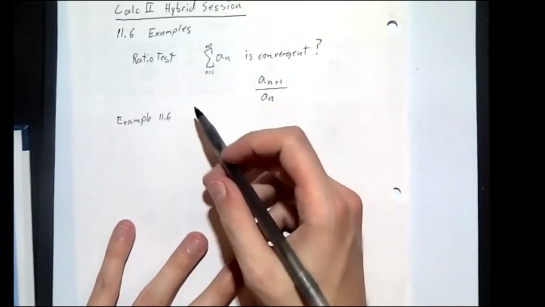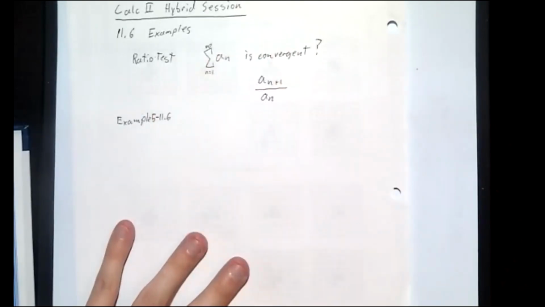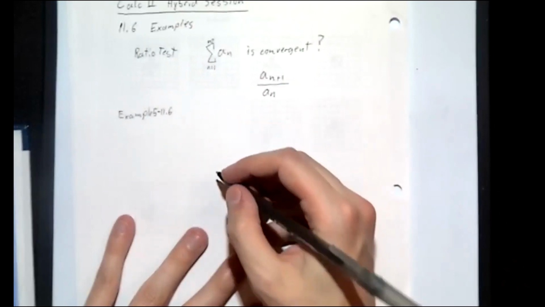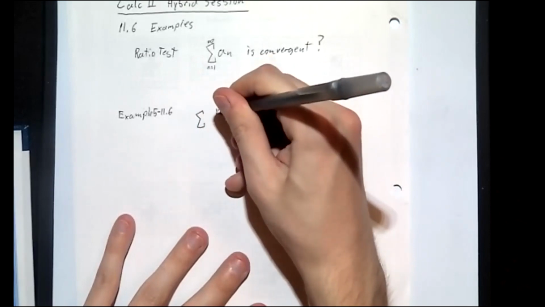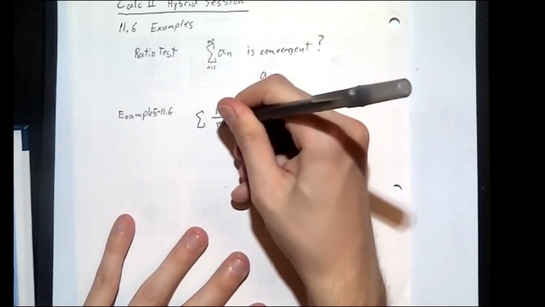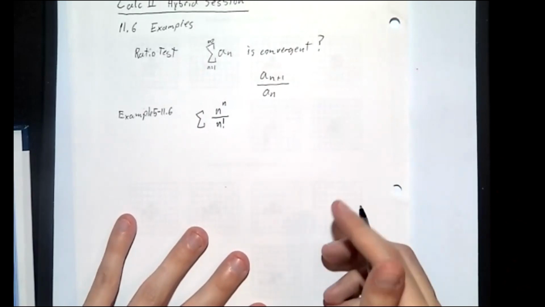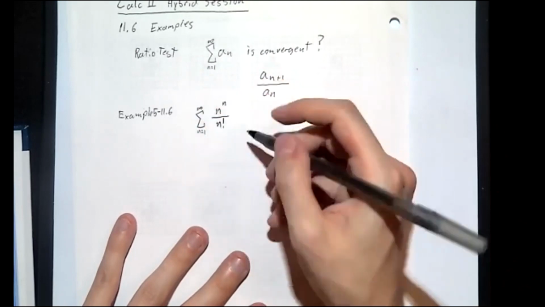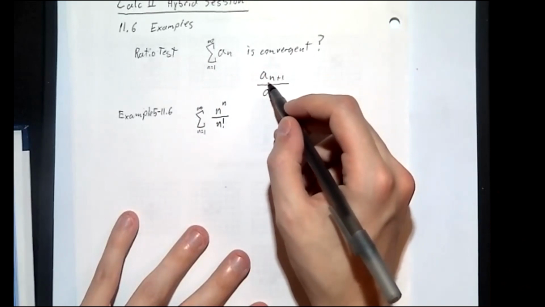If you go to your book, you'll see: test the convergence for the series n to the n over n factorial. So for this, n equals 1 at the start to infinity. We need to check if it converges. So we're going to use this formula right here.